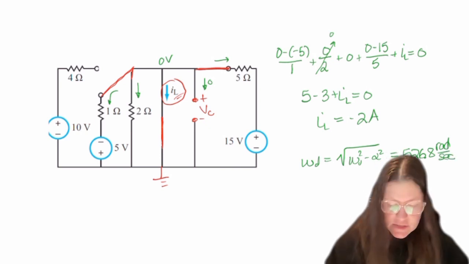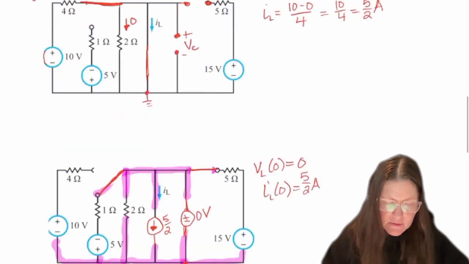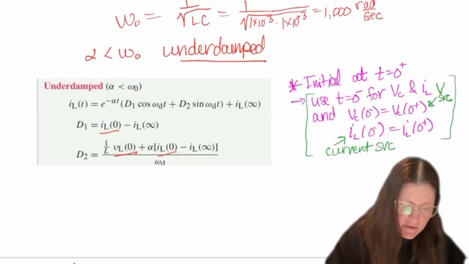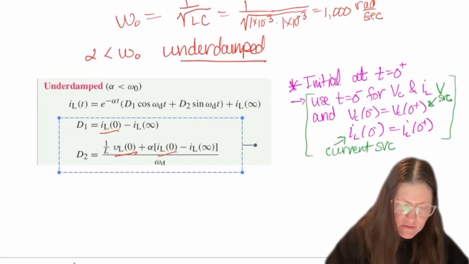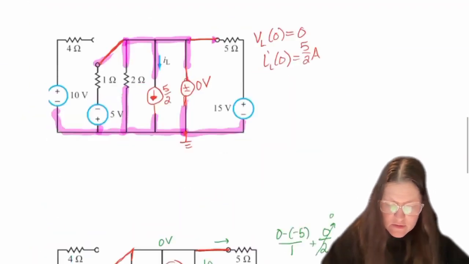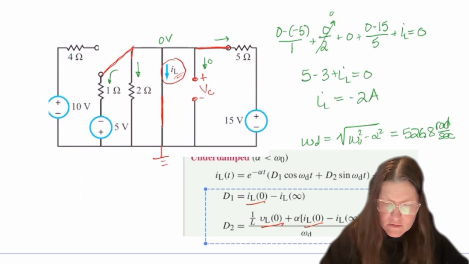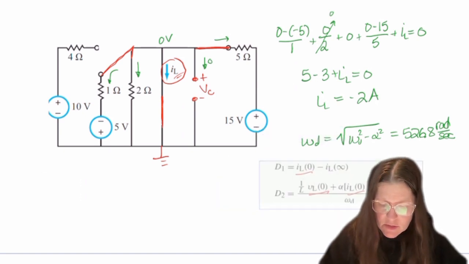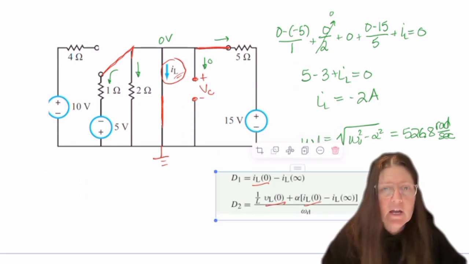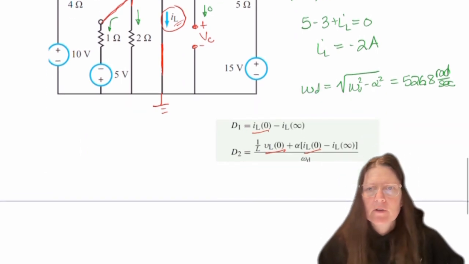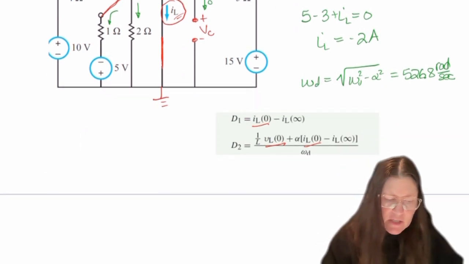And I need now D1, go back up to these. So D1 was going to be IL of 0 minus IL of infinity.